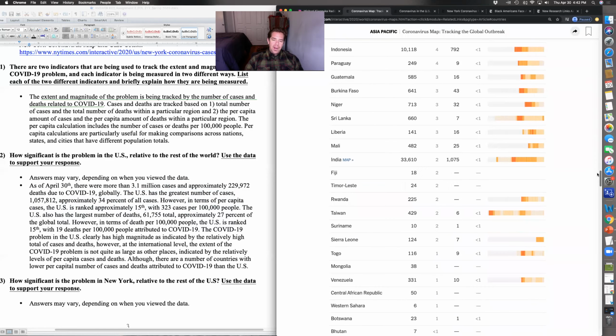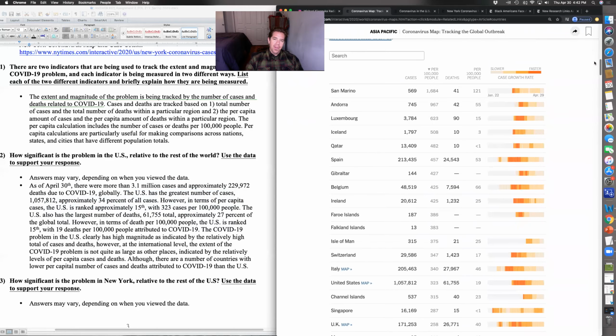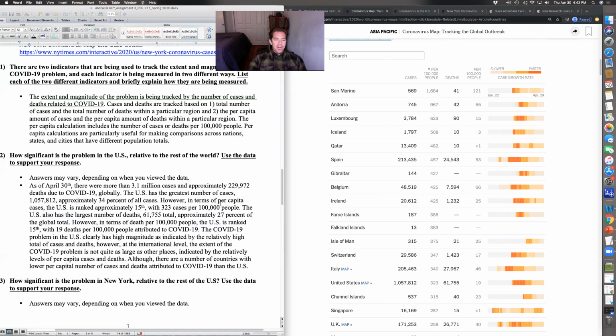You can look at this on your own. While the US is not the top, there's certainly a high magnitude in the US relative to other countries that are not within this top 20. So there's that, okay?